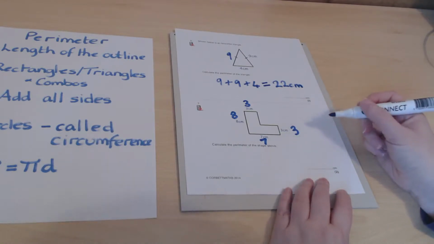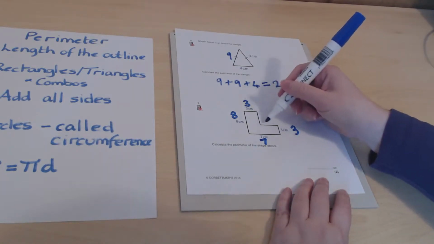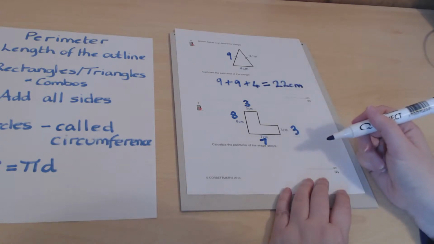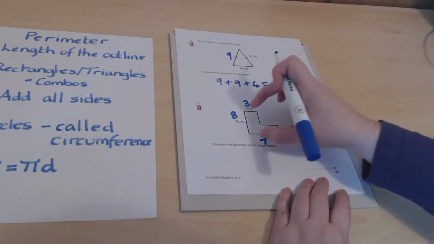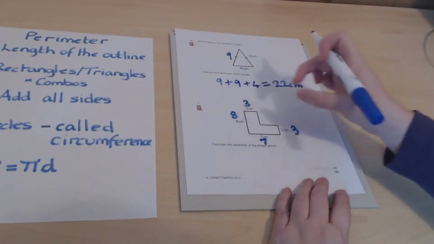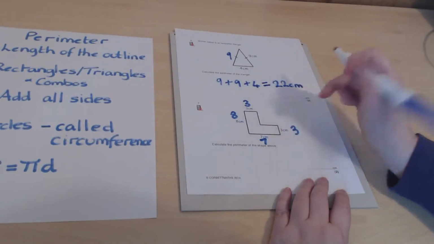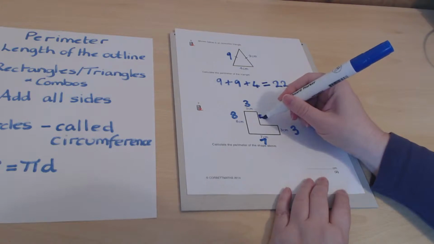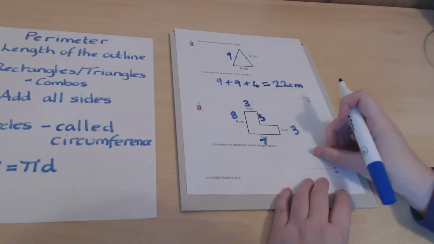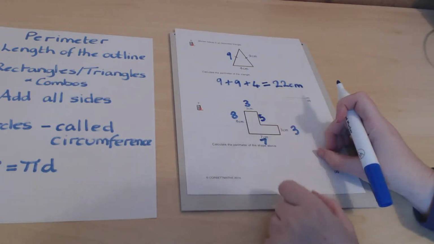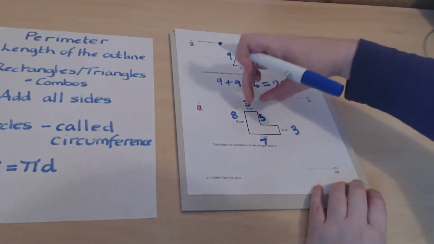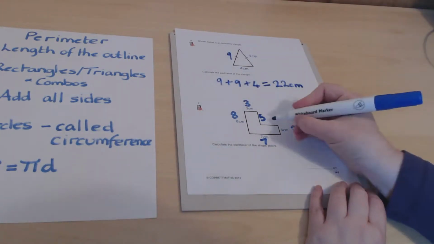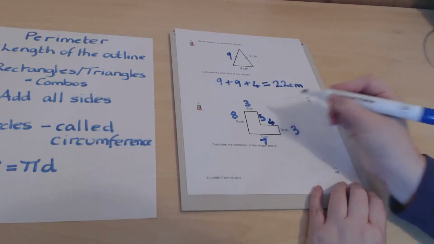So before we do the adding up, we need to work out how long these two sides are here. This side here is going to be the 8 centimetres, take away the 3 centimetres, so that one is 5. And then this one here is going to be our 7 centimetres, take away 3 centimetres there, so that's going to be 4.